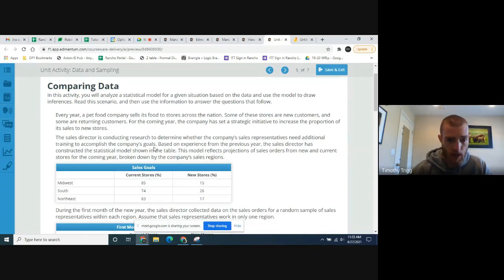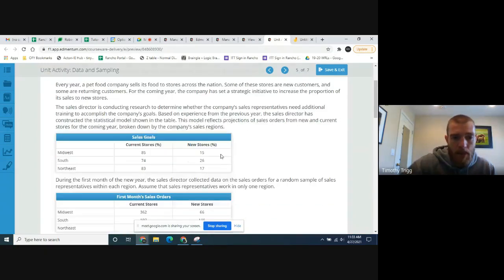The sales director is conducting research to determine whether the company's sales representatives need additional training to accomplish the company's goals. Based on experience from the previous year, the sales director has constructed the statistical model shown in the table. This model reflects projections of sales orders from new and current stores for the coming year, broken down by the company's sales regions.